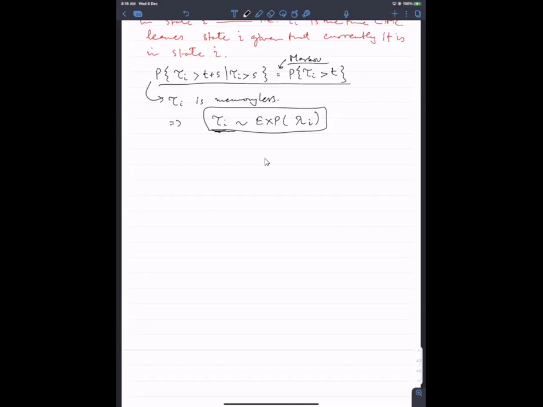In the continuous time case, you just transition whenever you want, and that holding time in a state will be an exponentially distributed random variable. Very, very interesting. It will be nothing other than exponential. If it is anything else, the Markov property will be lost, it will no longer be a Markov chain, it will become some other chain.